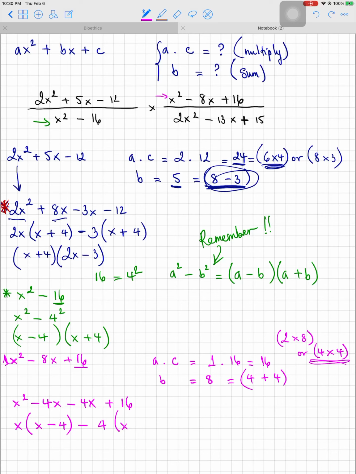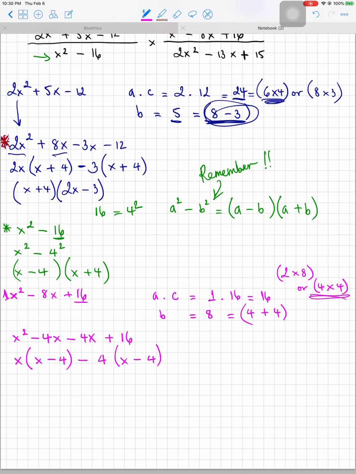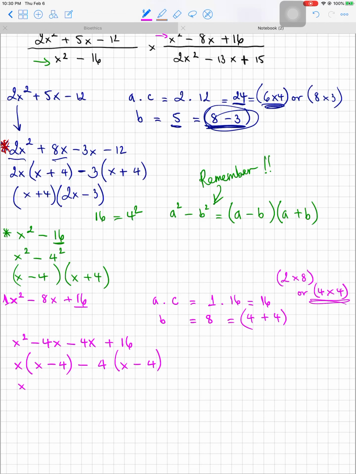So we're going to have x minus 4, and minus 4. Minus 4 and minus 4 make a positive 16. Okay, so we're going to factor this out one more time: x minus 4 and x minus 4.